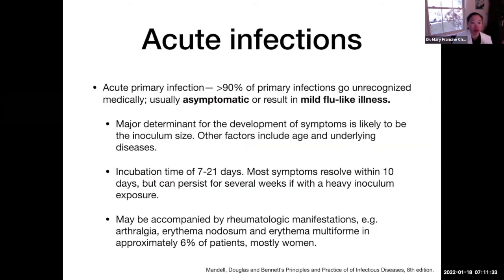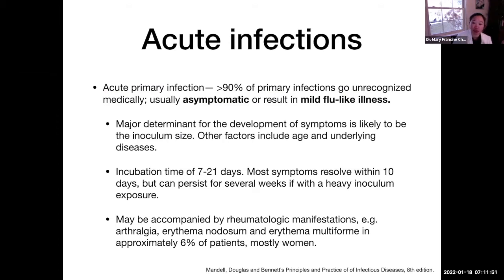So the acute primary infection, a majority of these infections go unrecognized medically. Either your patient is asymptomatic or they only have a mild flu-like illness that goes away on its own, so much so that they don't really seek care.